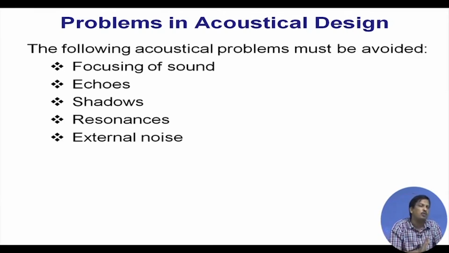Then I have to avoid the echo. So, if the auditorium is huge, a large auditorium, and the far end is very lengthy, then maybe the reflection comes in more than 65 milliseconds. So, I do not want any reflection to come after more than 65 milliseconds.